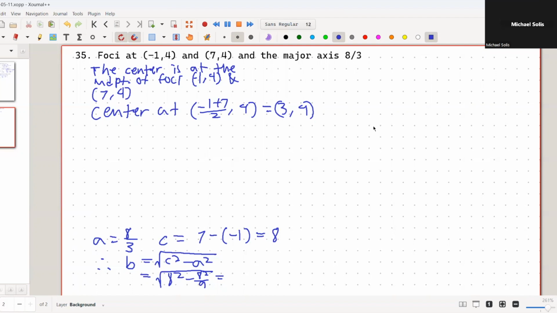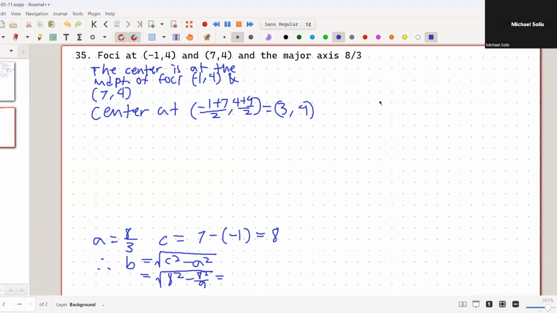So, cut and paste, or cut and move para magkaroon ng space. Okay, ayan. So, pwede mo, statement 1 yung the center is at the midpoint. So, the center is going to be 3, 4.